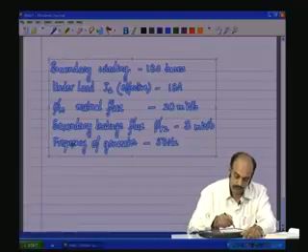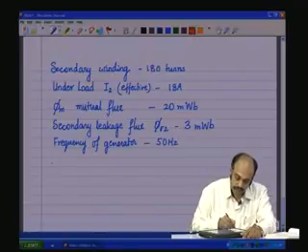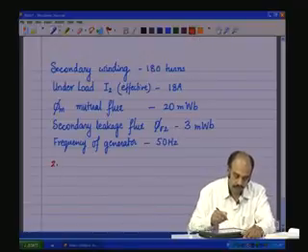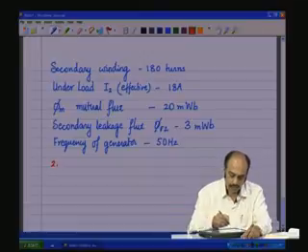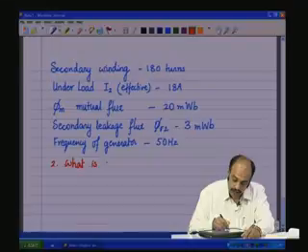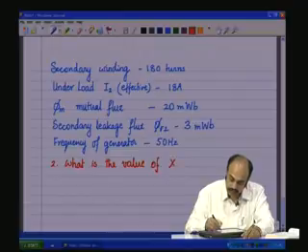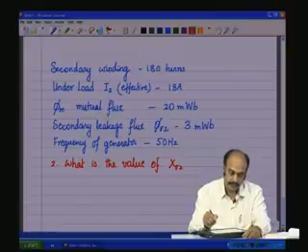Now, let us put the second question. What is the value of the secondary leakage reactance?